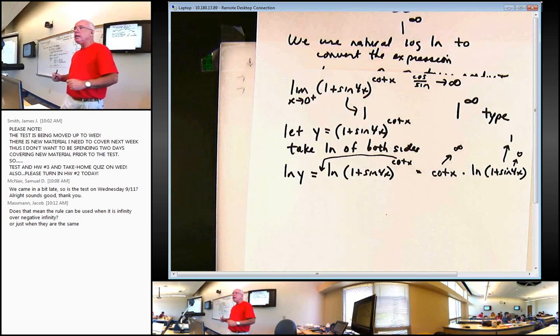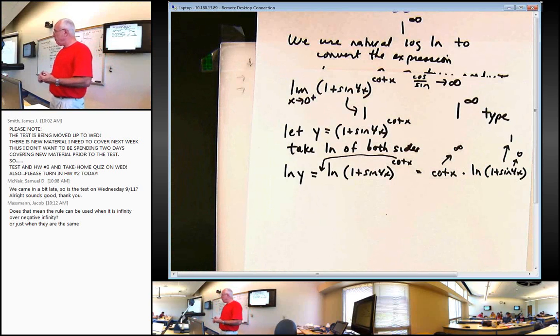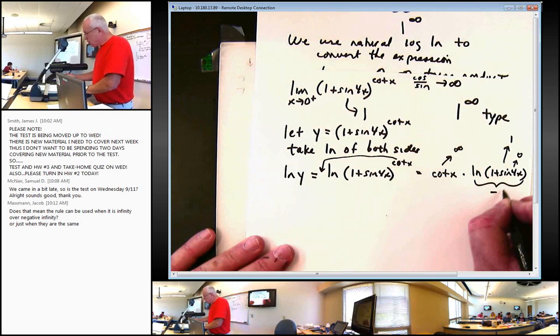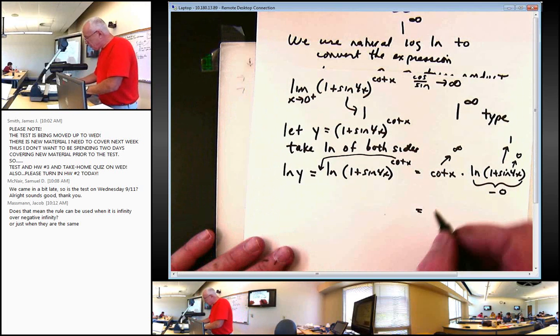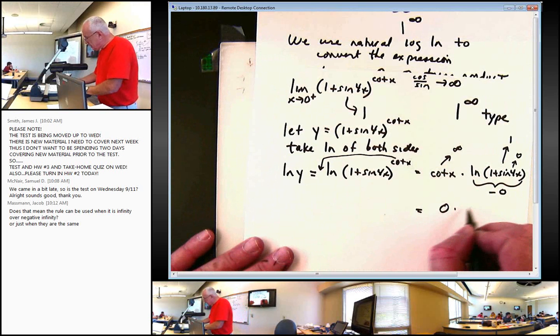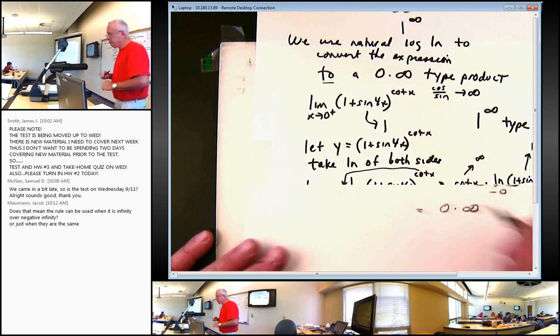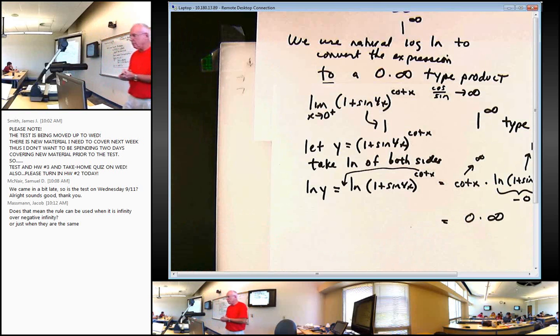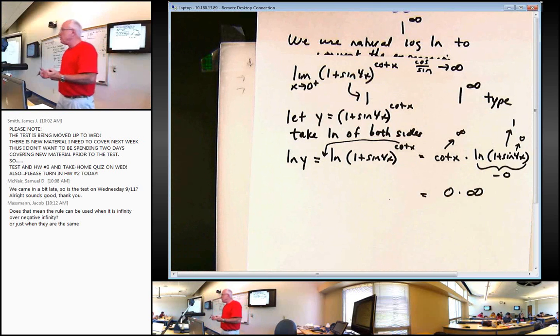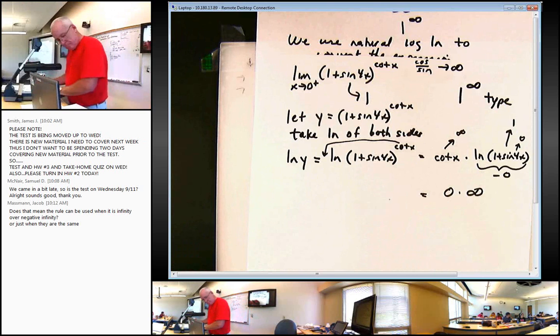And what's the ln of the number 1? 0. Yes. So this thing goes to 0. So this is now an expression which is the 0 times infinity case. All right. So therefore, let's work with it then as that.